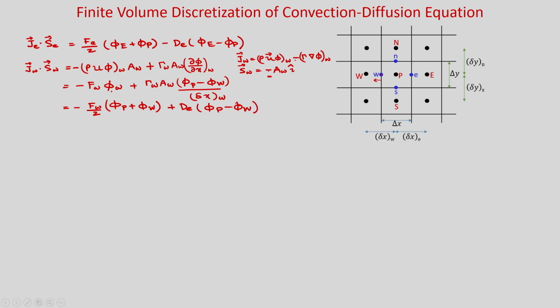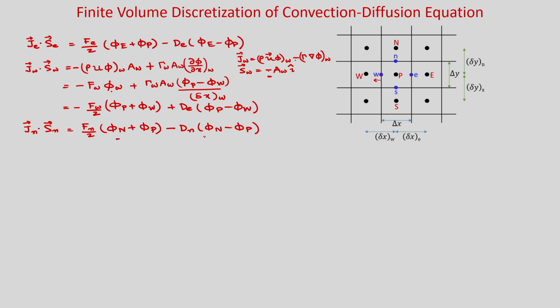Okay. Now, similarly, if you do J_n dot S_n, you can write it as F_n by 2 times phi_N plus phi_P, minus d_n times phi_N minus phi_P. Okay.